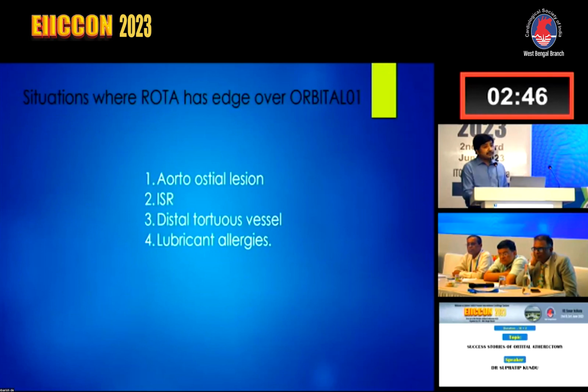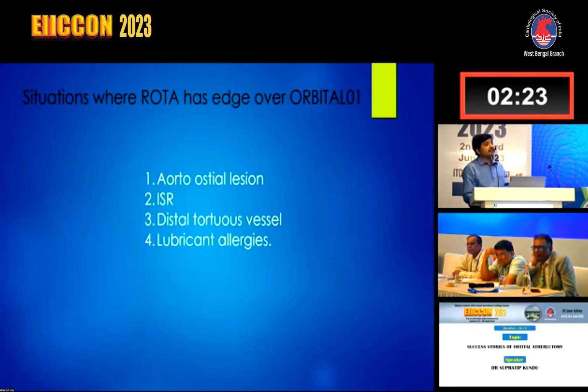But there are situations where rota has an advantage over the orbital, like aorto-ostial lesion. In aorto-ostial lesion, rota gives better control, and orbital can be used only when you can pass the bar through the lesion and can do the retrograde.